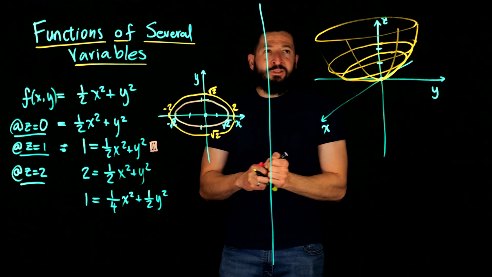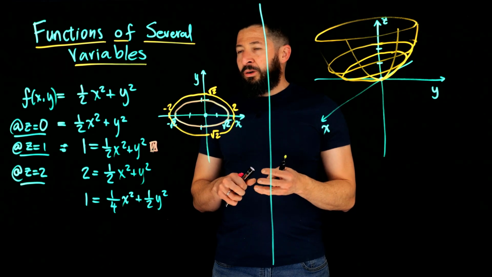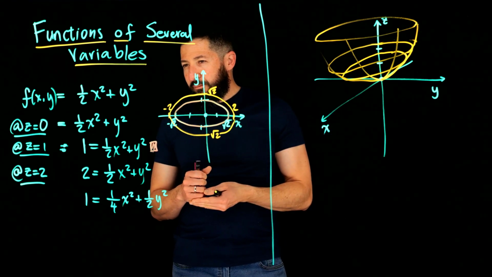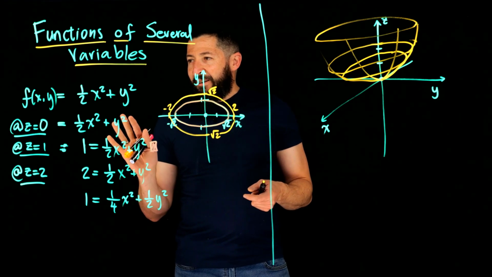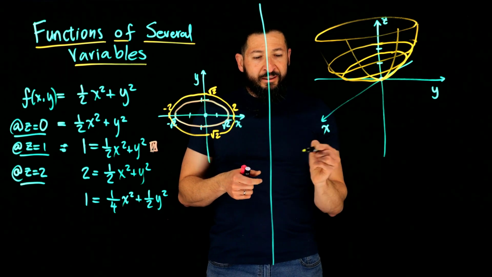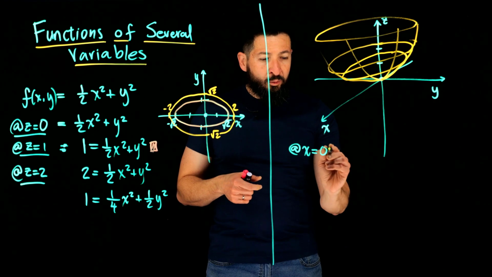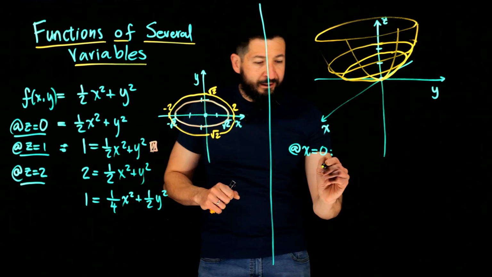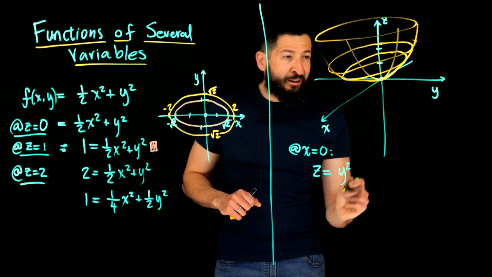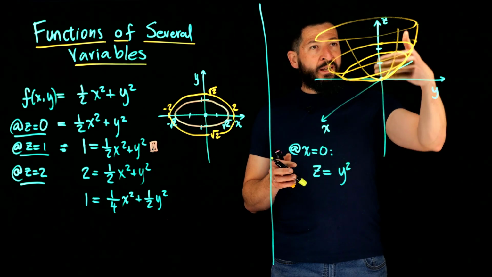But now, the interesting bit about this is that if now you were to fix, instead of fixing a value of z as we did, those are your level curves. If you were to fix the value of, say, x, so at x equals 0, what happens is if you call this z, you get z equals y squared. So that is a parabola that opens in the yz plane.